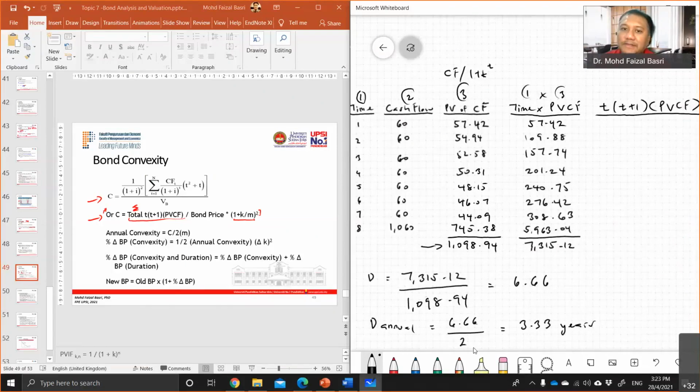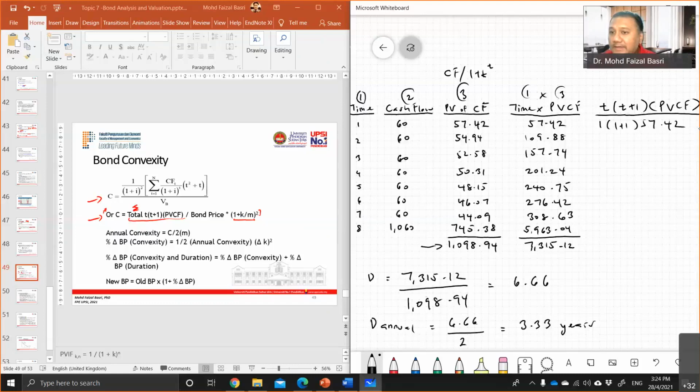For example, the first row here, time 1. So T is 1. I put it here first. It's 1, multiply with 1 plus 1, T plus 1, and multiply with PVCF. PVCF is 57.42. So this is how it looks like: 1 multiply with 1 plus 1 times the PVCF of 57.42.